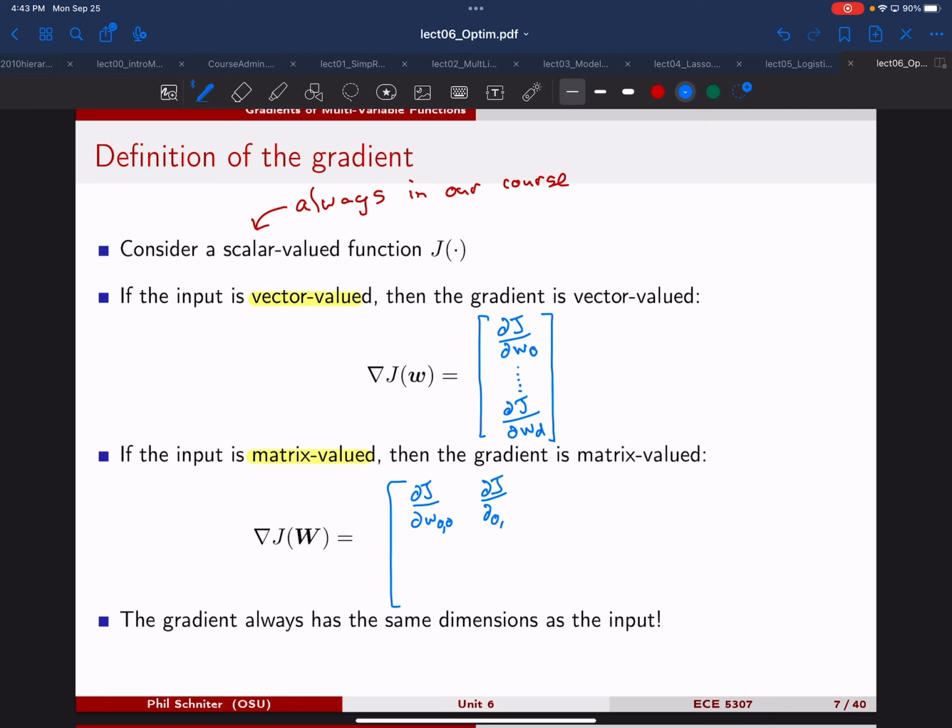So it'd be DJ over DW01, and so on. Then DJ over DW10, here DJ over DW11, and so on.